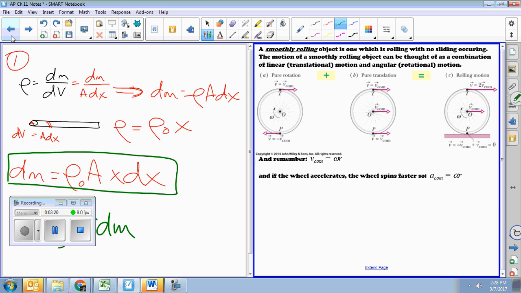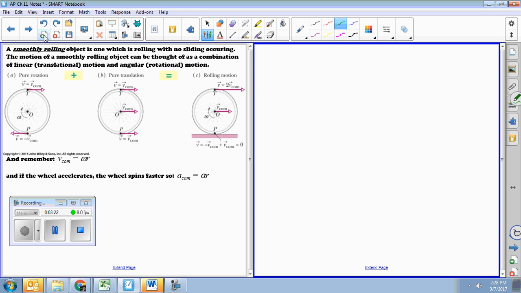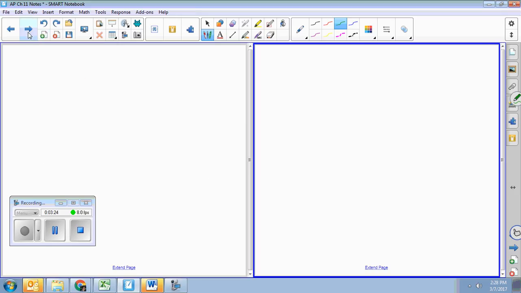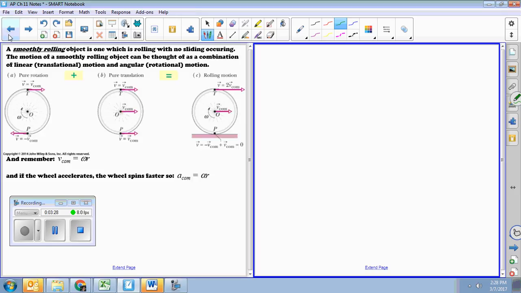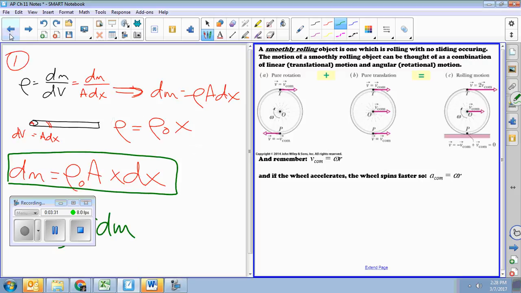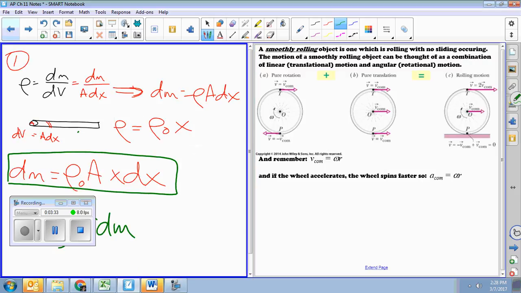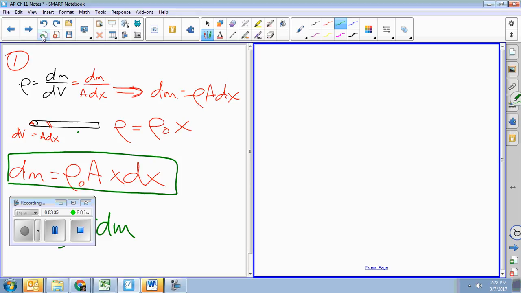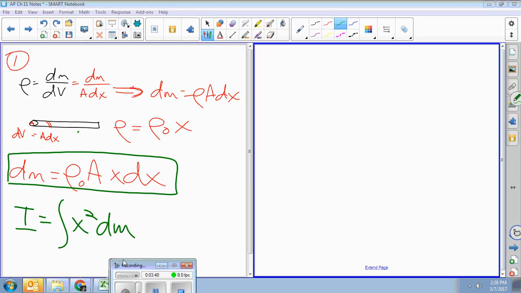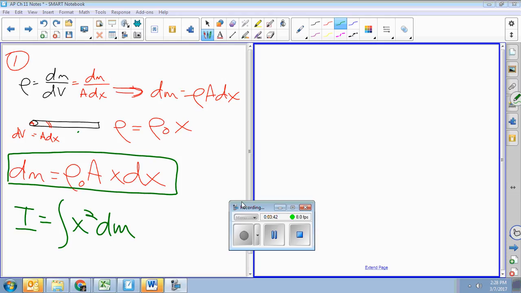Why won't it put in a blank page for me? Click on the page. Ah. Thank you. That was embarrassing. I know physics, but I can't work a computer.